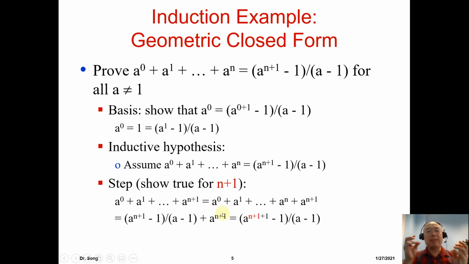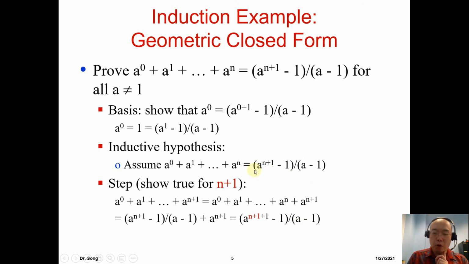So with some mathematical manipulation, we can prove that it is also true for n plus 1. So how do we show that? That part is a to n plus 1 plus 1 again, minus 1, divided by parentheses a minus 1. Okay, so what is that?